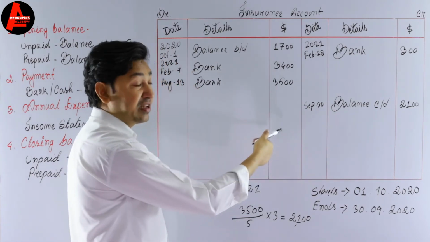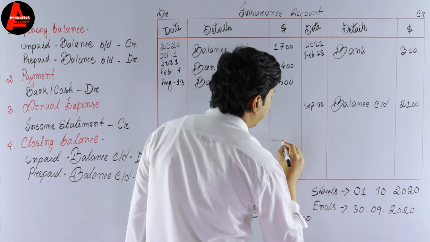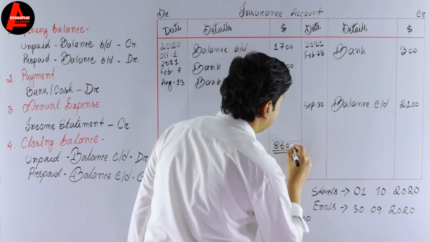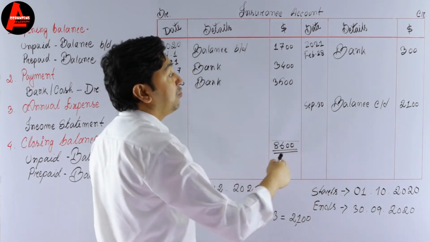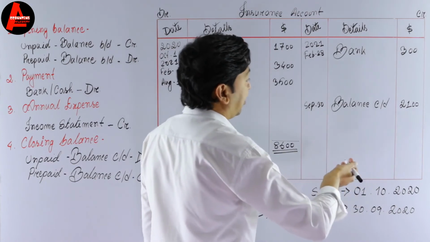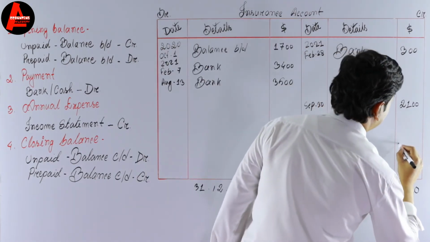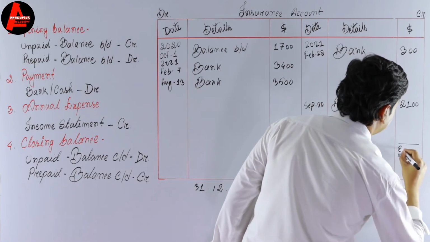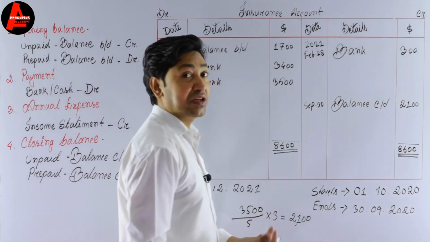So let us total this debit column first. If we total, we get $8,600. Now the same amount we will take to the opposite dollar column on the credit side. Let us write the same amount, $8,600.